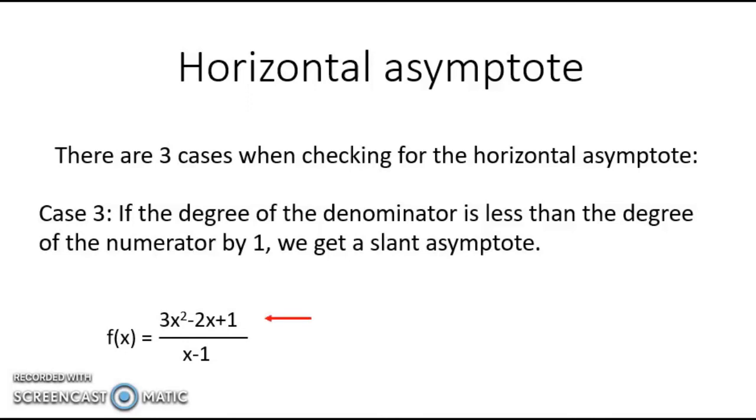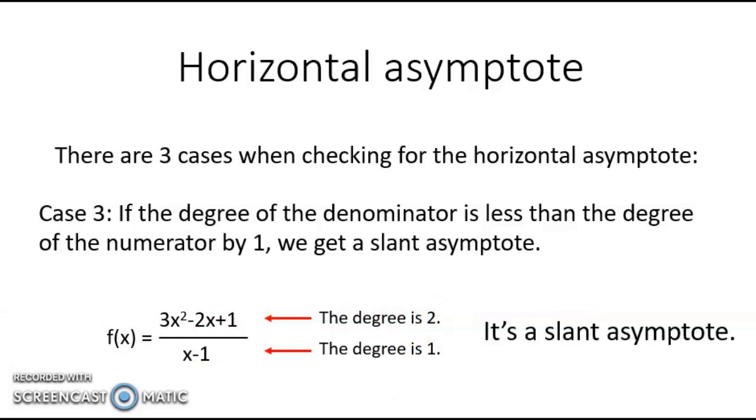Okay, look at the numerator. The degree of the numerator is 2 and the degree of the denominator is 1. So, the degree of the denominator is less than the degree of the numerator by 1. So, the asymptote here is a slant asymptote.